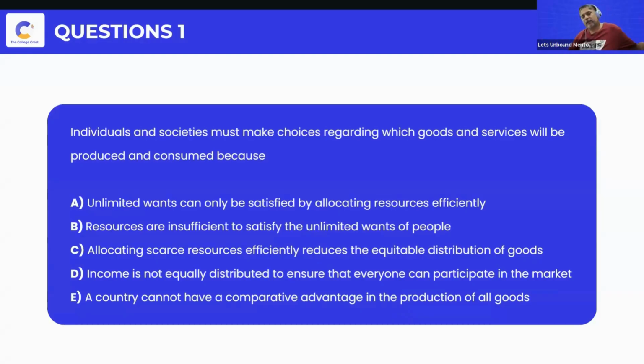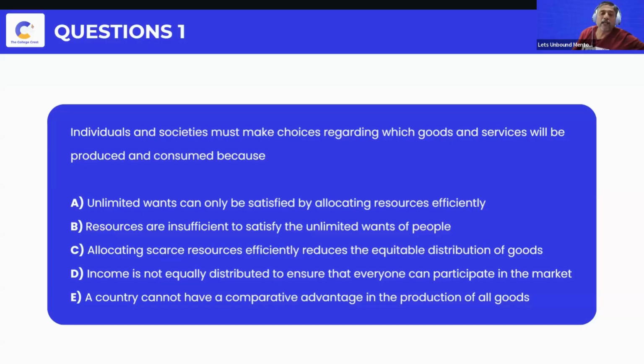For example, here you can see: individuals and societies must make choices regarding which goods and services will be produced and consumed. Obviously, it's a question of making a choice. The question asks why we have to make a choice. Obviously, we have to make a choice because there are insufficient resources, correct?